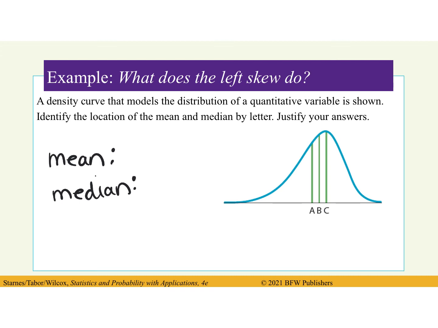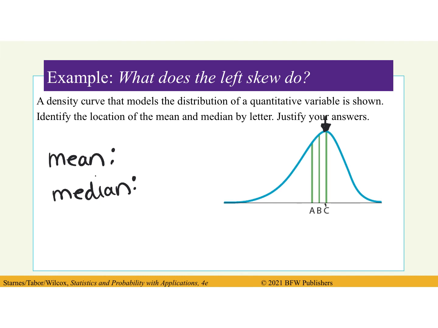Should our mean be smaller or larger than our median? It's going to be smaller, because this is skewed to the left. The mean moves to the left. Now, does the peak of our density curve divide the area if it's not symmetrical?